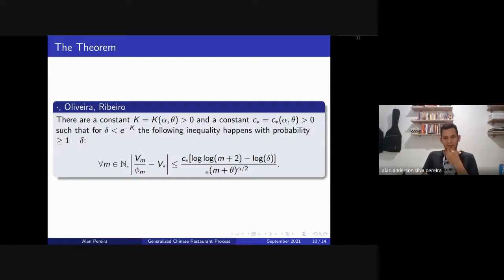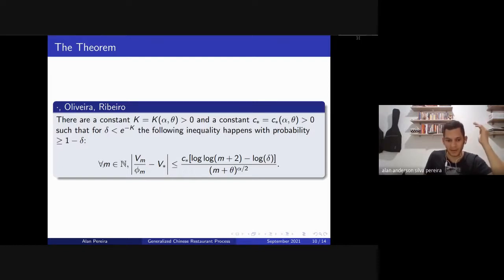And this is, I think, the interesting part of this result, because it's not an asymptotic concentration. The asymptotic is the limit, so we had to do some step after. So the good part is that we don't have an asymptotic concentration.